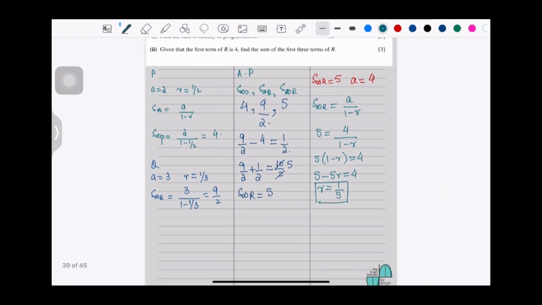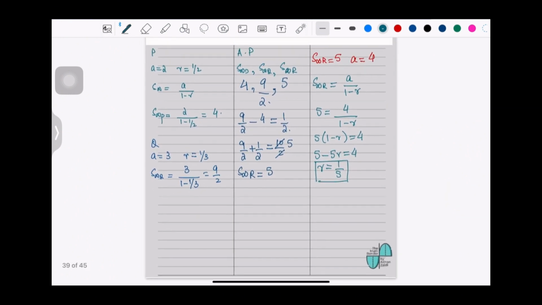Now we need to find out the sum of the first three terms. So Sn in this scenario, since the ratio is less than 1, we write a times 1 minus r to the power of n over 1 minus r, and S3 is just putting the values of a as 4, 1 minus 1 over 5 to the power n, which is 3 in this case, and 1 minus 1 over 5.